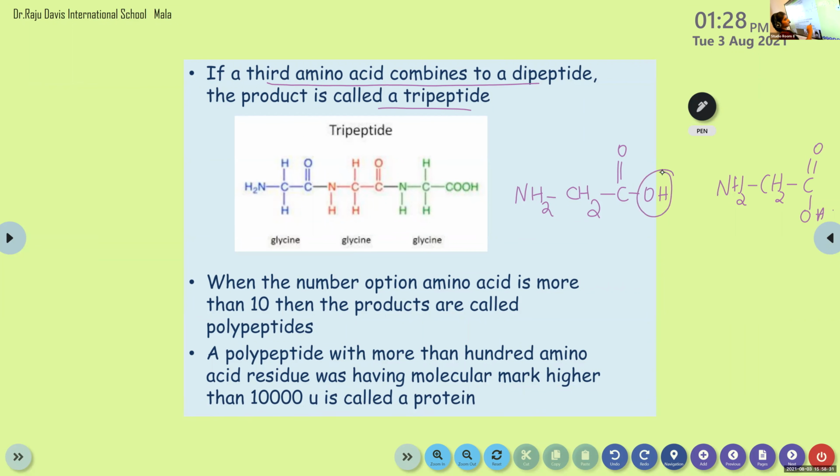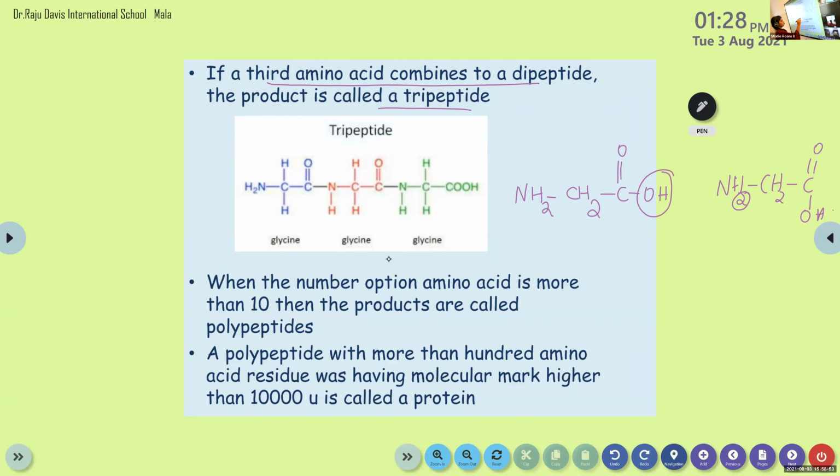So from here one OH, then from here one hydrogen is removed, then it is linked to one more amino acid. Only water molecules are eliminated from this reaction, and here three amino acids are joined together, so it is called a tripeptide.